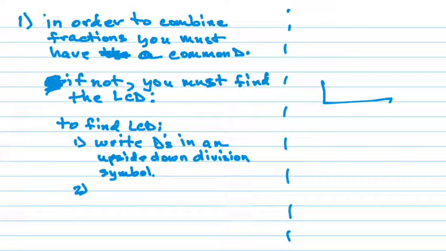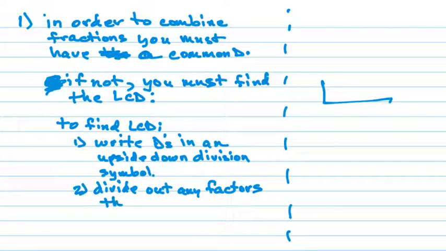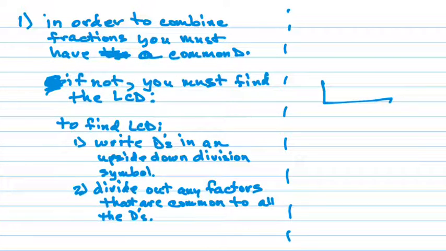Then, second, divide out any factors that are common to all the denominators. Remember, factors means anything that'll divide in how? Evenly, right? So it can be a number, it can be a letter.